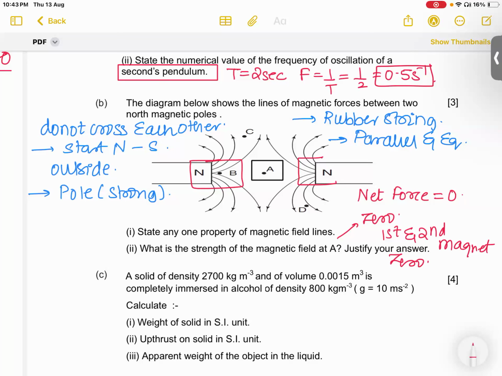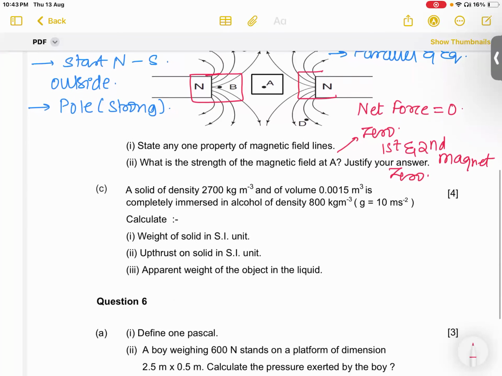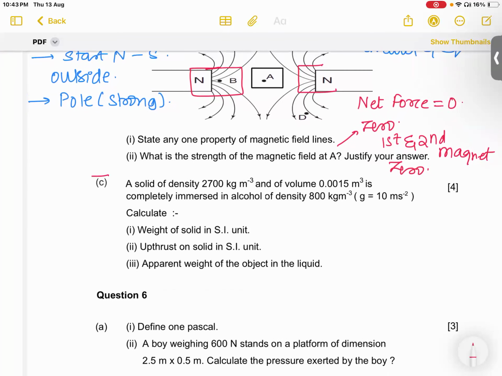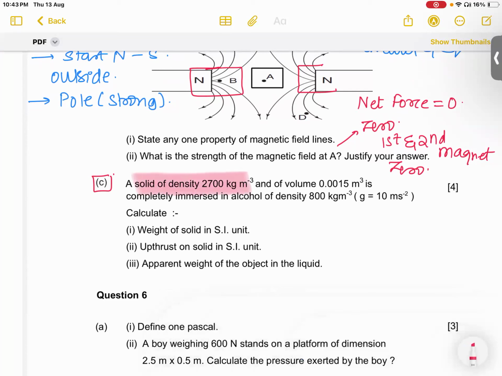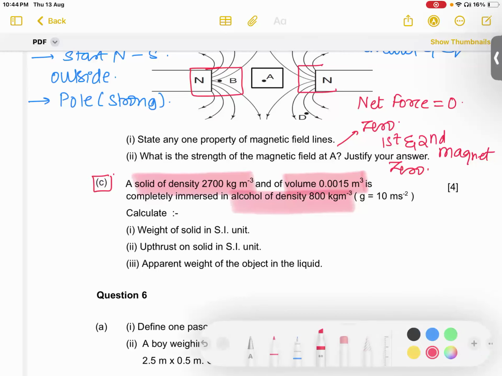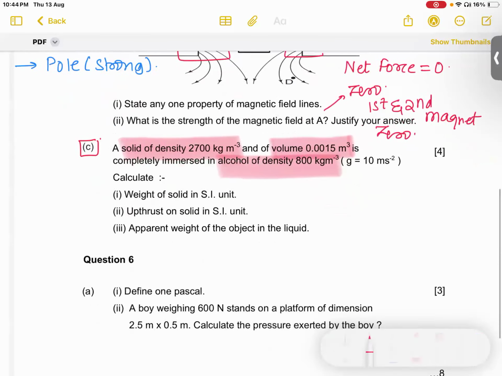Okay, students, come on. The next question, your favorite question, guys, upthrust numerical. So let's mark what all things they have given us. A solid of density and volume completely immersed in a liquid of density so and so. Calculate the weight. Okay, simple it is.